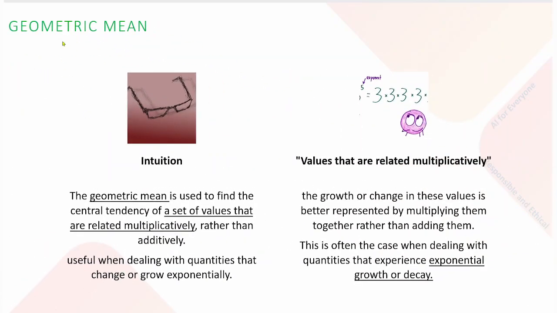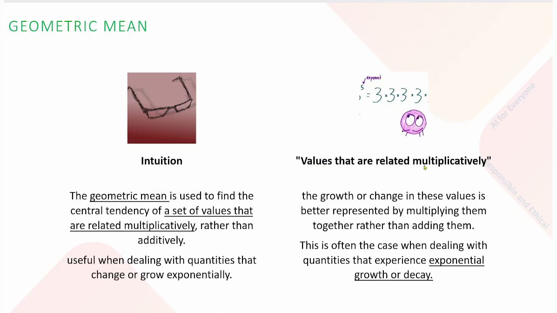Arithmetic mean we have covered, so let's look at geometric mean. Geometric mean is used to find the central tendency of a set of values that are related to each other by a factor of multiplication or exponentiation. So this is useful when dealing with quantities that change exponentially.